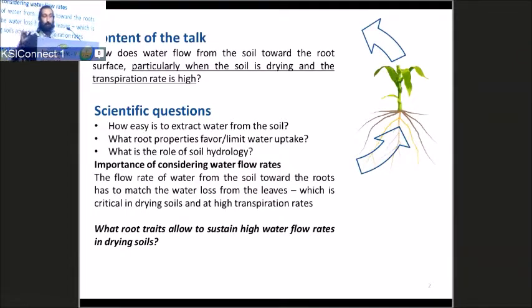Plants, roots need to take up a given amount of water, but it's not only this. They need to take up water fast enough to match the water loss from the leaves. This is pretty trivial, but I think it's a critical point. So we need to think about fluxes, and I think a more precise question about roots is what root traits allow to sustain high water flow rates.